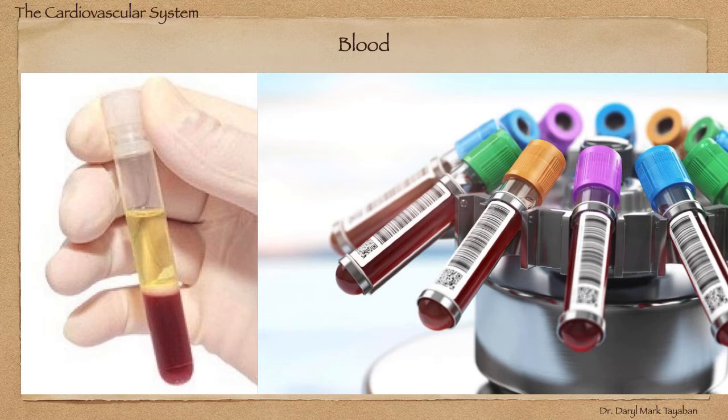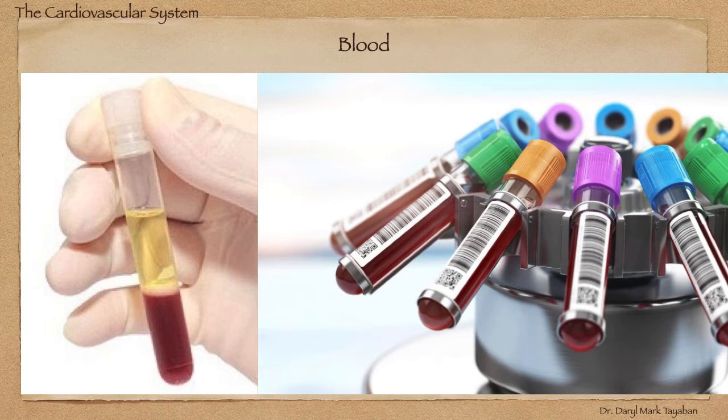It consists of the yellow, which is the plasma, about 55%. I don't know how to describe the color, I'll just call this yellow. You may call it amber. Then there's something in the middle, then the red.